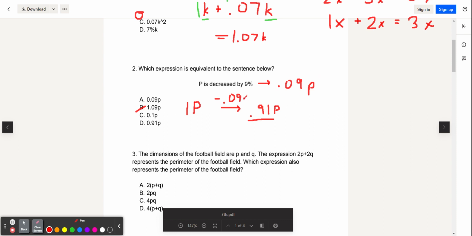This is how much it was decreased by, not what we ended up as. For example, if the problem was Aaron lost 5 cents and he had $1 to start with, I have 95 cents. I don't have 5 cents. I lost 5 cents. Similarly, P is decreased by 9%. We lost 9%. We didn't end up with 9%. So subtracting 0.09 gives us 0.91P.